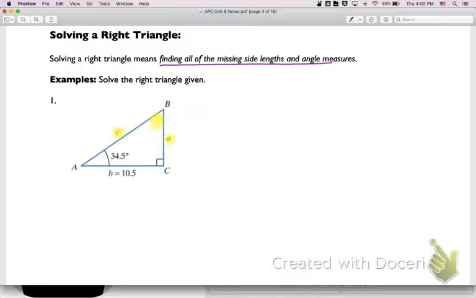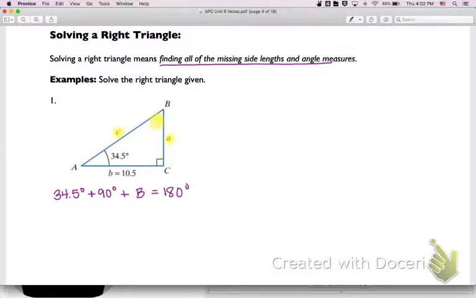Let's start with the missing angle because that's going to be the easiest. What do we know about all three angles in a triangle? They have to add up to 180 degrees. So we know that 34.5 degrees plus 90 degrees plus whatever B is has to equal 180 degrees.